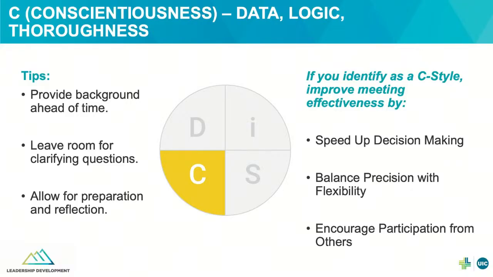We know accuracy is important, so I'm not telling you to sacrifice that. We know quality is important to this group, but we want to make sure they don't get bogged down by the things that don't make or break us. Then the balanced position with flexibility.